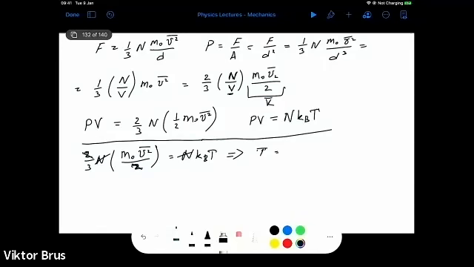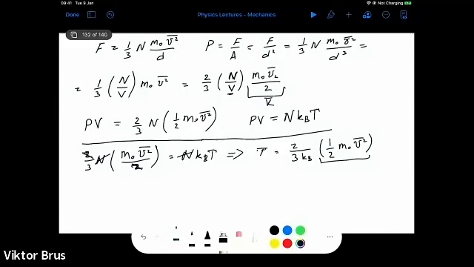So we have 2 divided by 3 divided by Boltzmann constant times kinetic energy, m naught v square average. So we see that temperature directly defines the kinetic energy of molecules in gas.